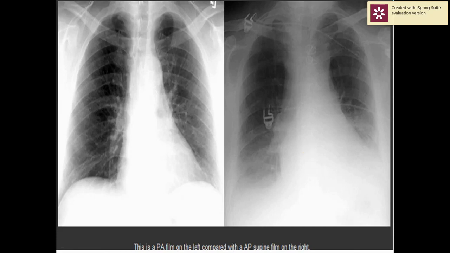Also another example, the PA film on the left compared with the AP view from a supine film on the right. As we see here also, not full inspiratory. There is haziness in both lower zones compared to the PA view.